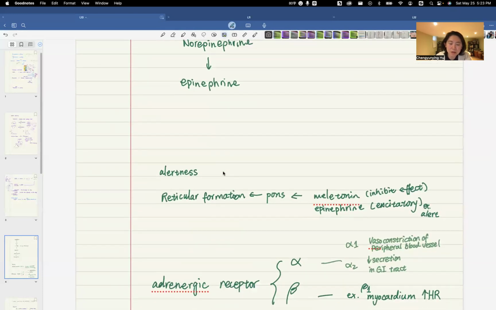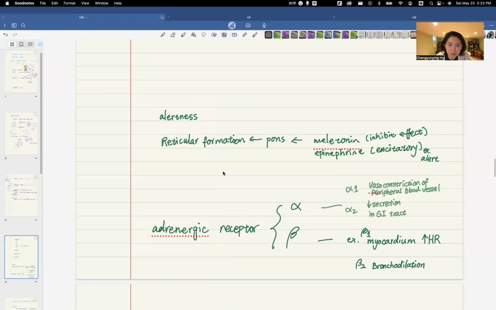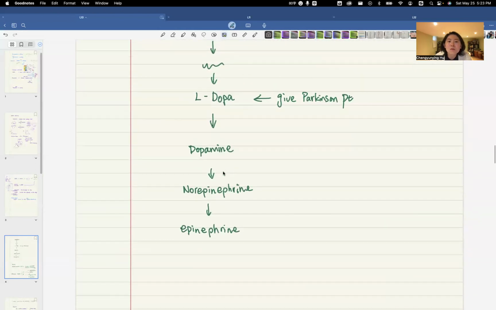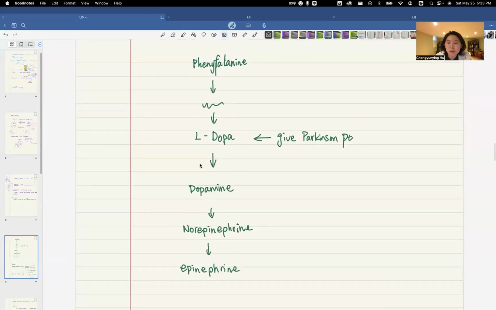Besides that, we give carbidopa. The reason is that when we give L-DOPA to the patient, some will go into the peripheral nervous system and become dopamine. That will lead to GI upset, and we do not want that.